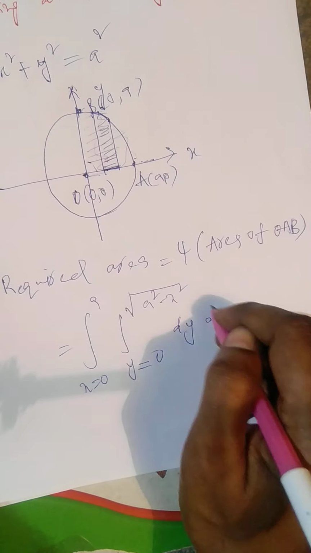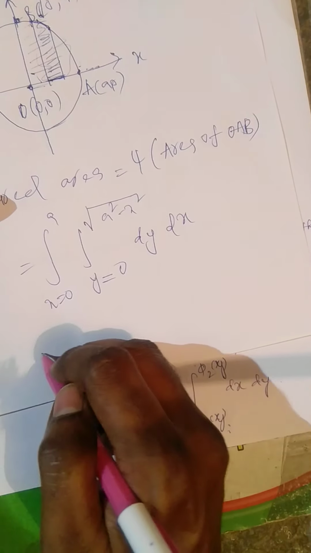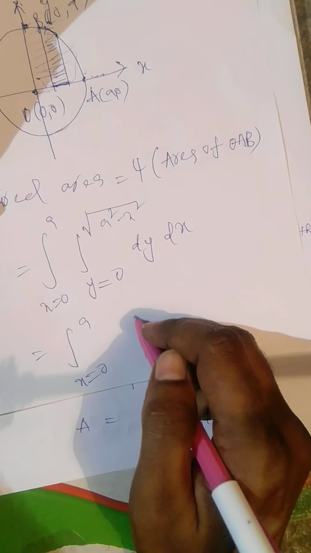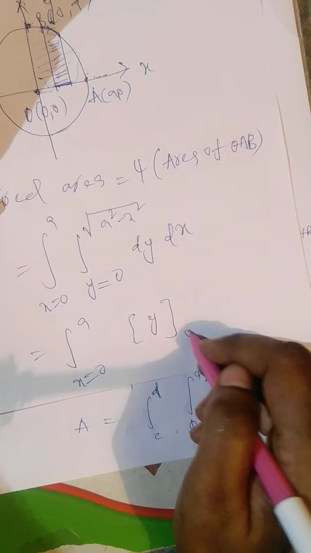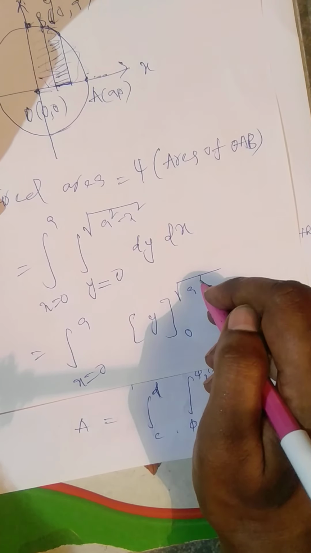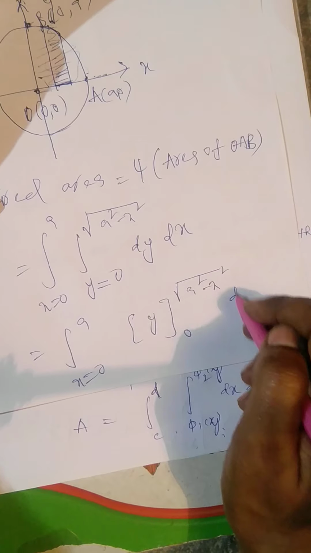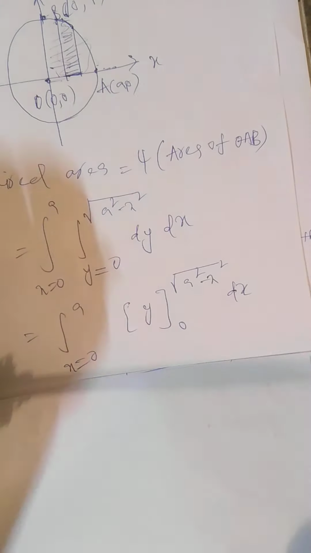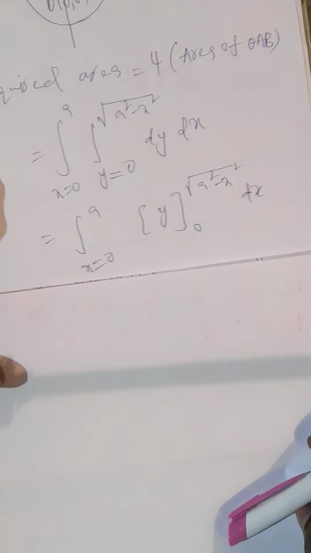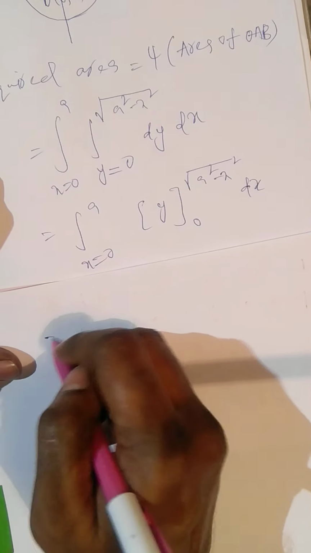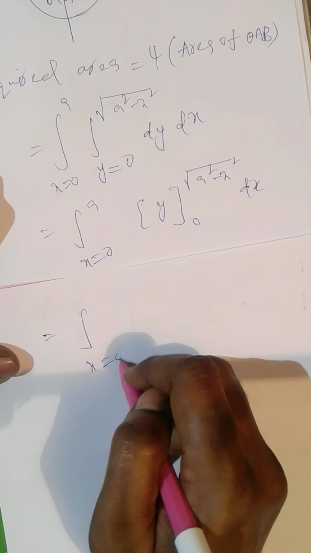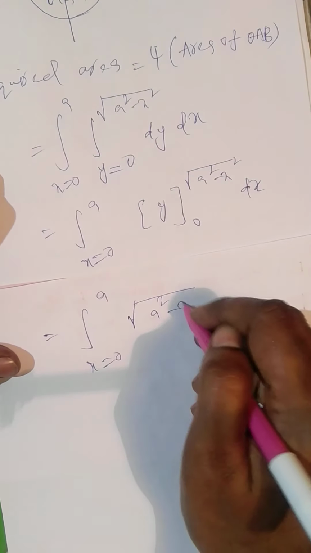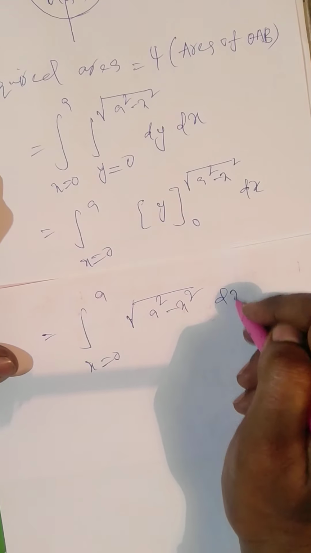So dy dx. First I'm integrating with respect to y. Here x equals 0 to a, the integration of dy is y, with limits 0 to root of a square minus x square, dx. This equals the integral from x equals 0 to a, where y is replaced by the upper limit, square root of a square minus x square; the lower limit is 0, so no need to write it.